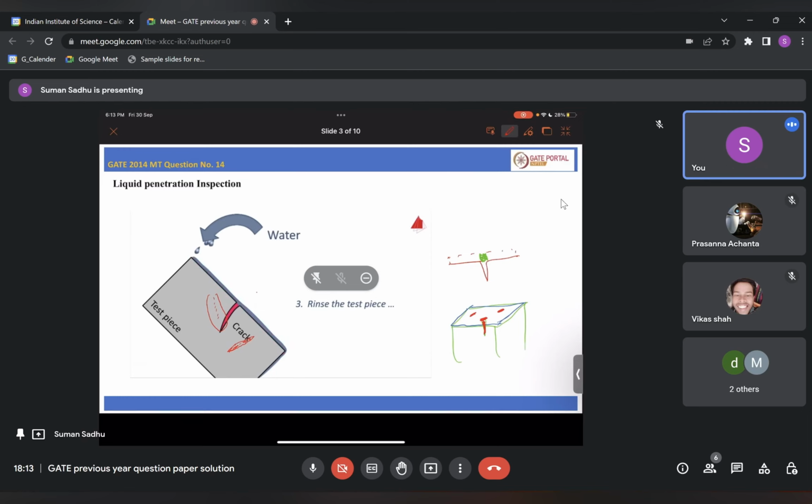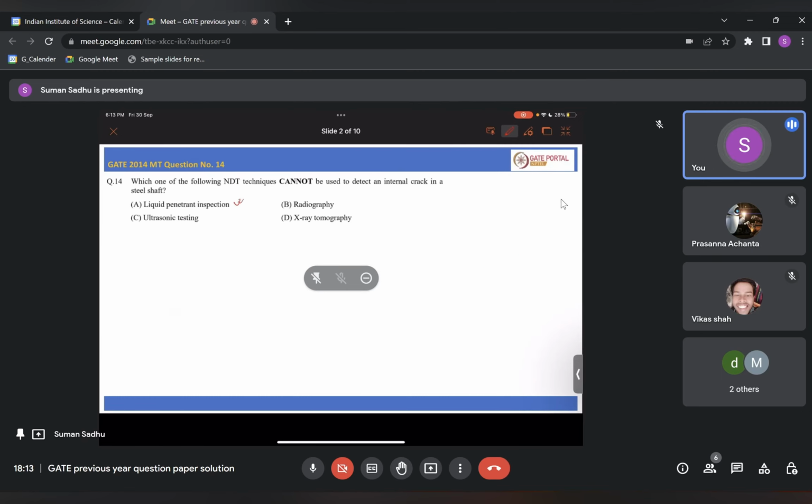Okay. So now what are the other techniques mentioned here? Radiography, ultrasonic testing, and X-ray tomography. So do you people know about radiography? What is the radiography technique? What data will it give? It can identify the surface crack or internal crack or both.